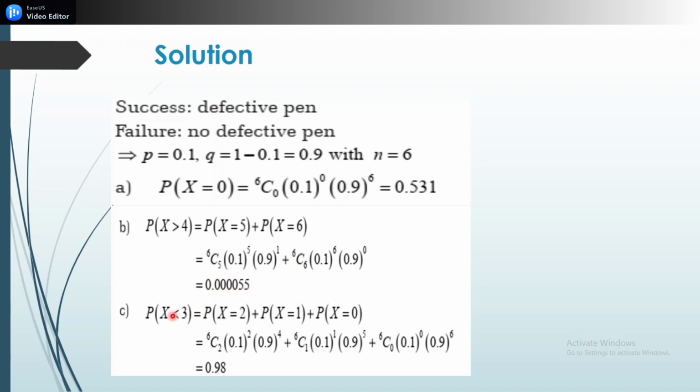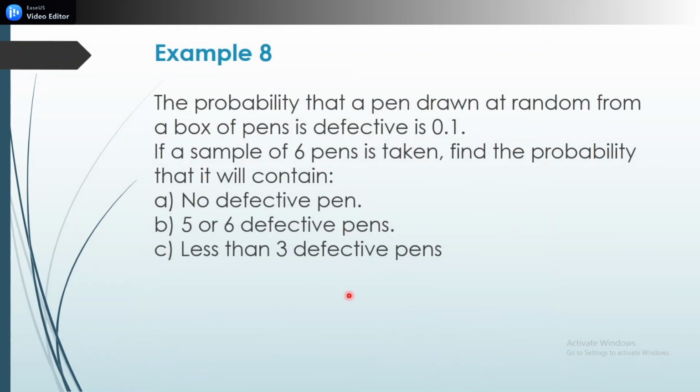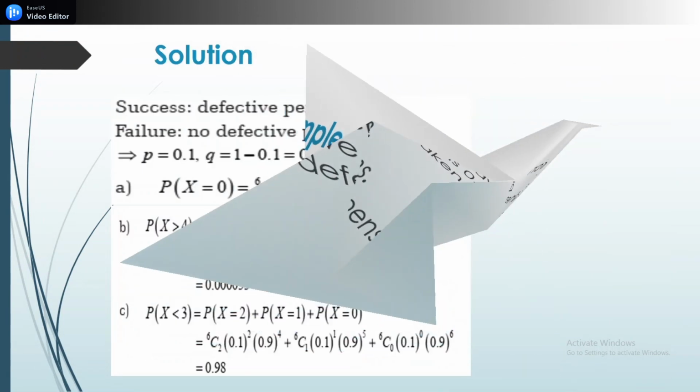Then when you have a probability which is less than 3 defective pens, it means less than 3 can be 0, 1, or 2 defective pens.